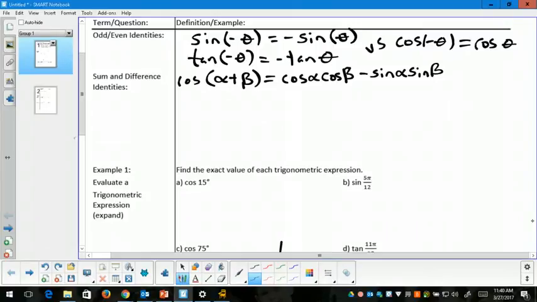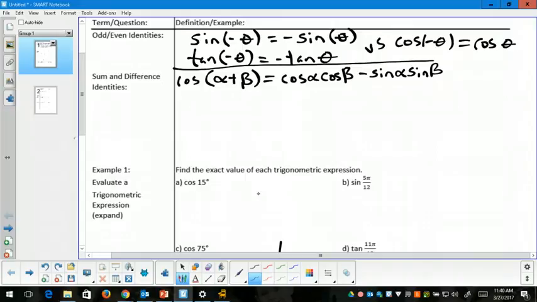I wanted to put next to it, but I'll write it under, and you'll have to write it next to. For the difference of angles for cosine, cosine of alpha minus beta is cosine alpha cosine beta plus sine alpha sine beta.